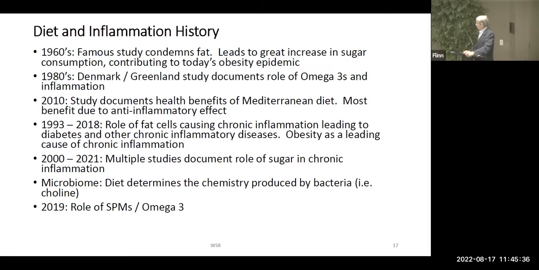And what that led to was a medical community adopted it, and the food industry adopted it and began to put sugar into everything. The problem with eliminating fat is that there are only three sources of energy. There's fat, there's protein, and there's carbohydrate. So if you take fat out of the diet, you're left with protein and carbohydrate.